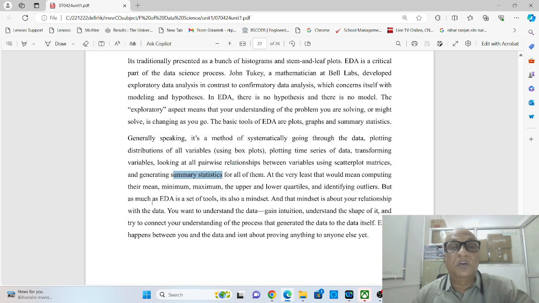When we speak about summary statistics, at least we are speaking about mean, minimum, maximum, upper and lower quartiles, median, standard deviations, outlier identification. So basically with exploratory data analysis, you gain intuition about the data, understand the shape of the data, and you try to connect your understanding of the process that generated the data to the data itself.